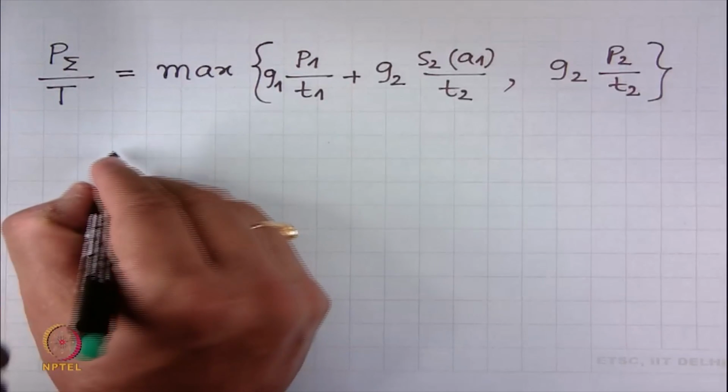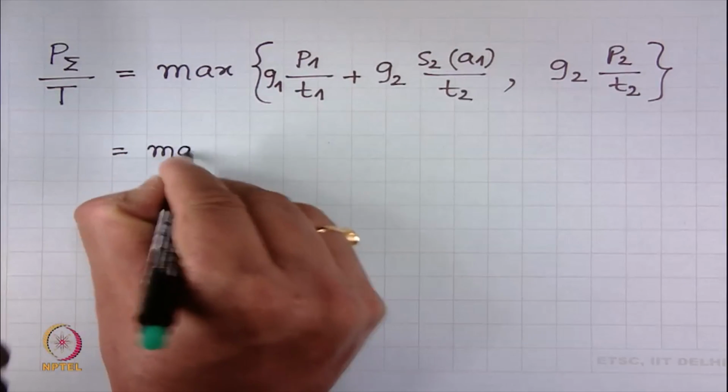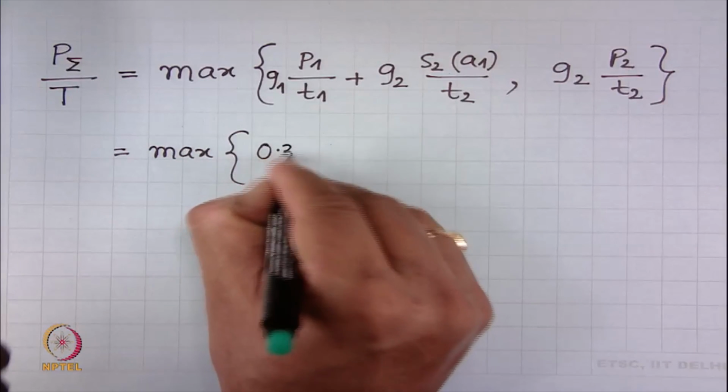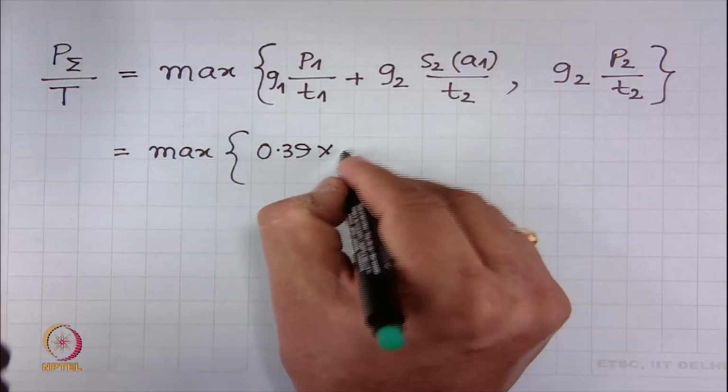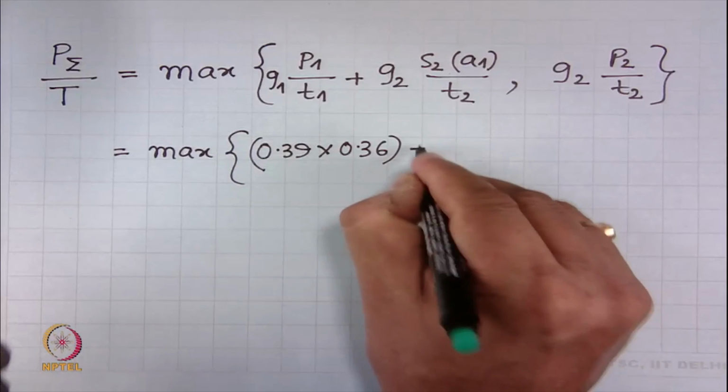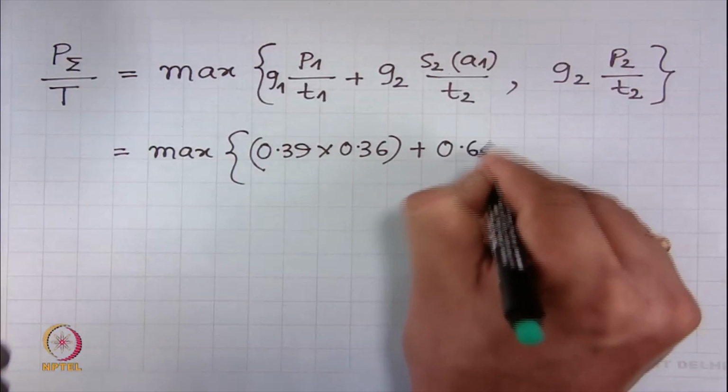Right. So, here what is your G1? 0.39. What is P1 by T1? 0.36 plus what is G2? 0.61.